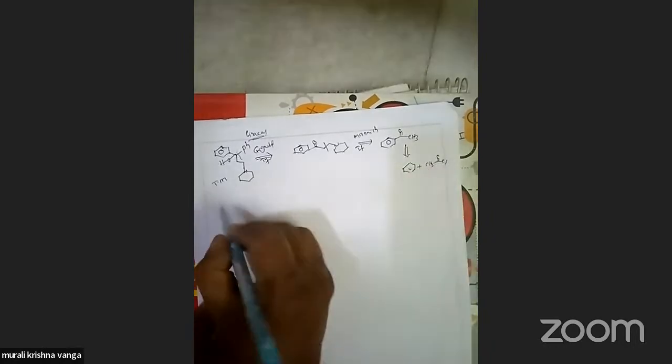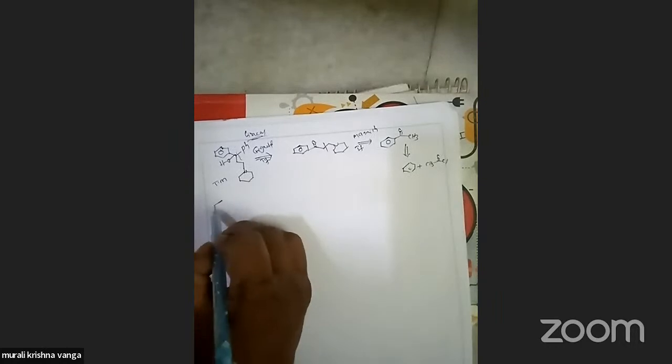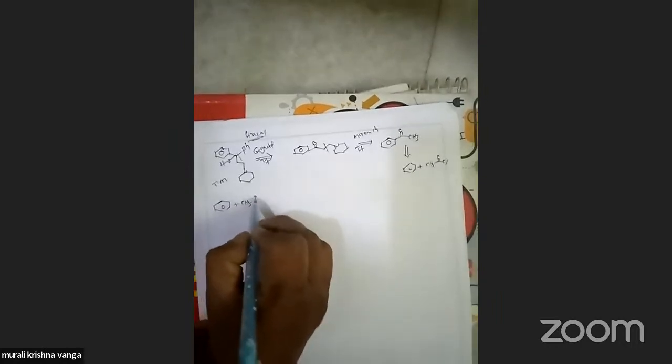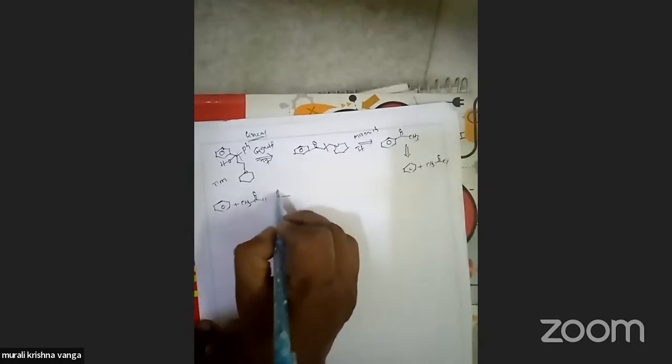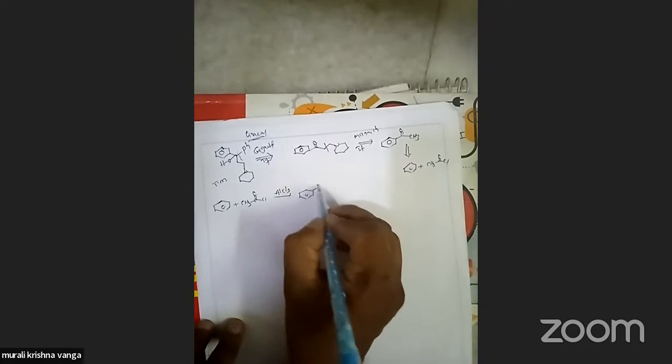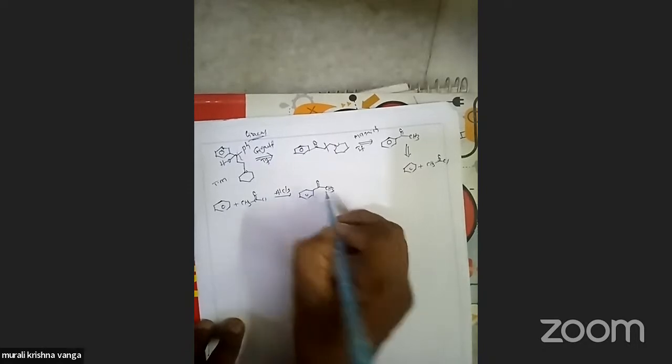It undergoes a Friedel-Crafts transform, benzene and acyl chloride. So now for the synthesis of this target molecule, from benzene and acyl chloride undergoing AlCl3 Friedel-Crafts transform, acetophenone is the product.